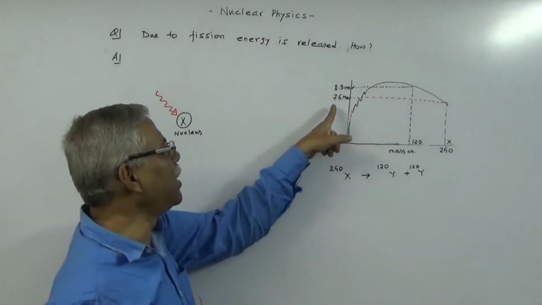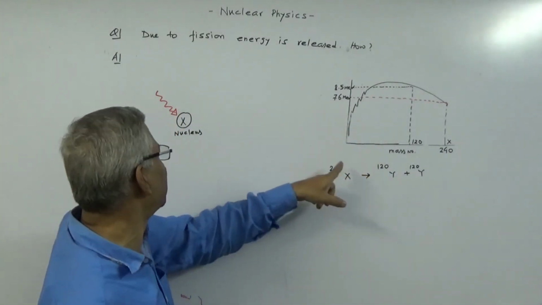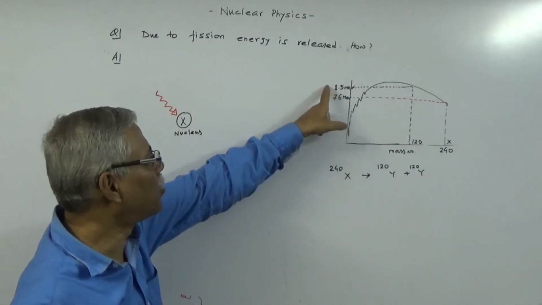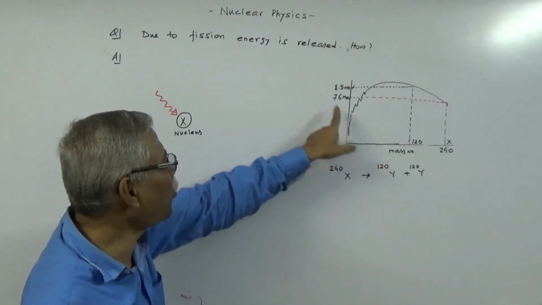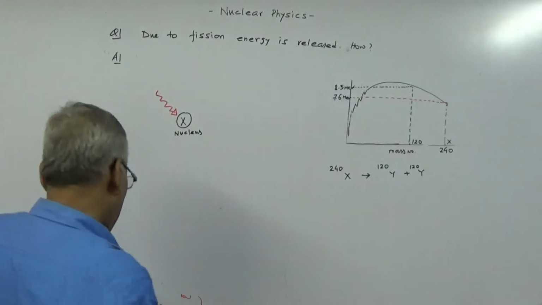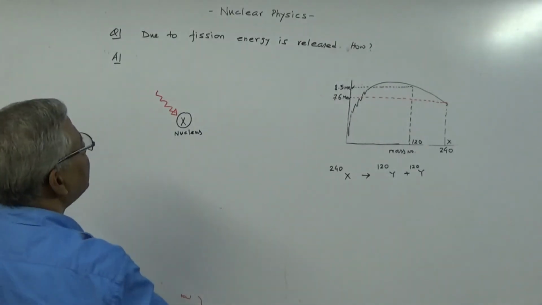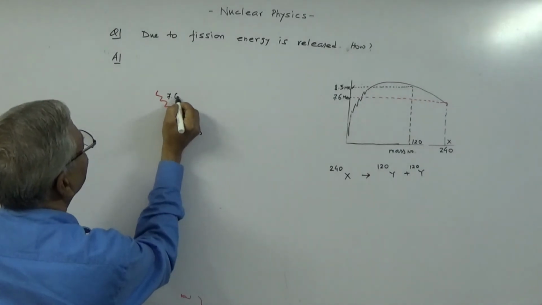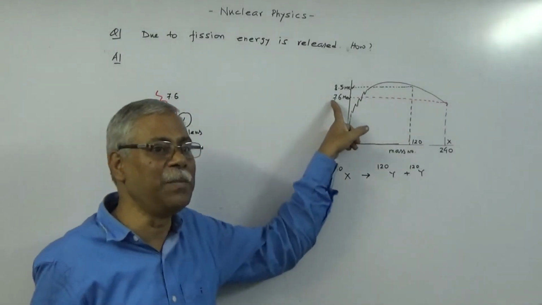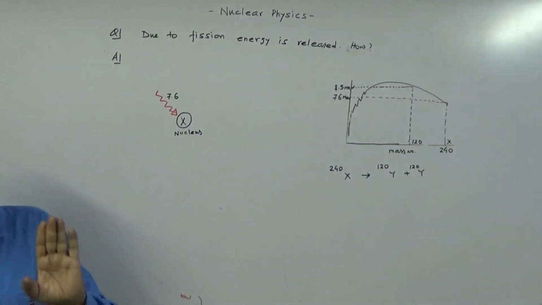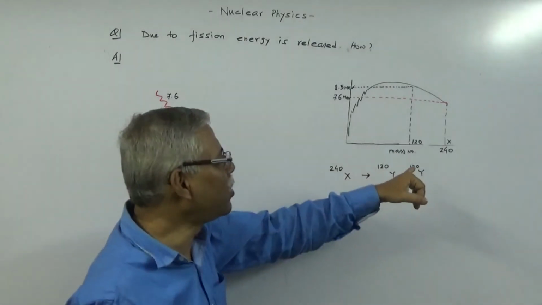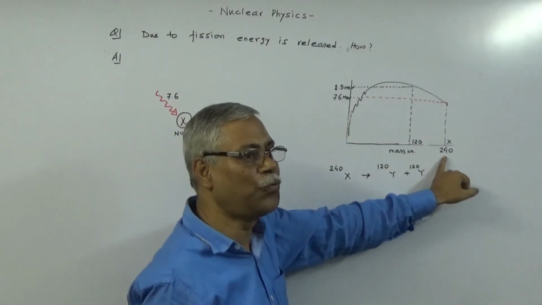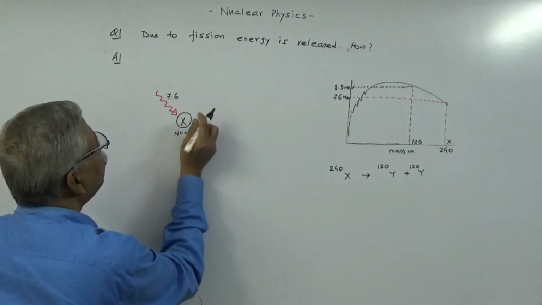Binding energy per nucleon for X, for 240, is 7.6. So how much energy will you have to supply? 7.6 into 240. This 7.6 MeV is per nucleon, and it has 240 nucleons.